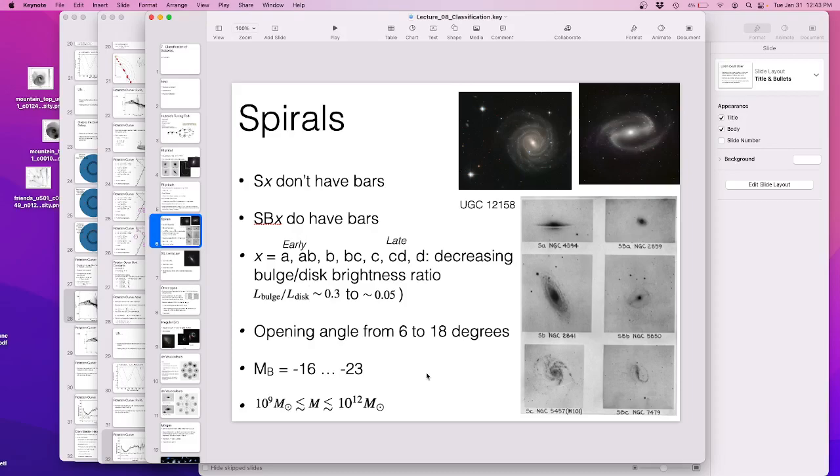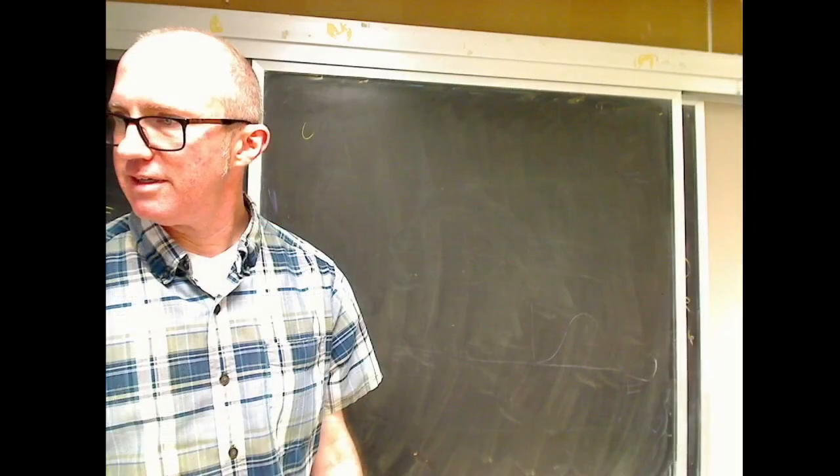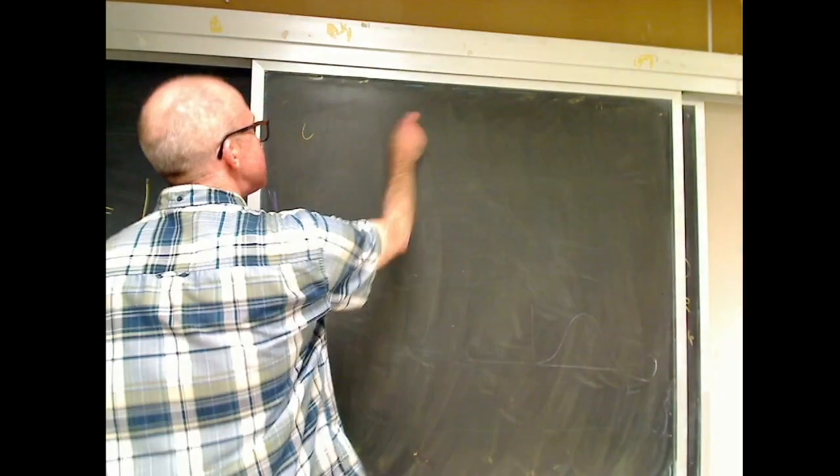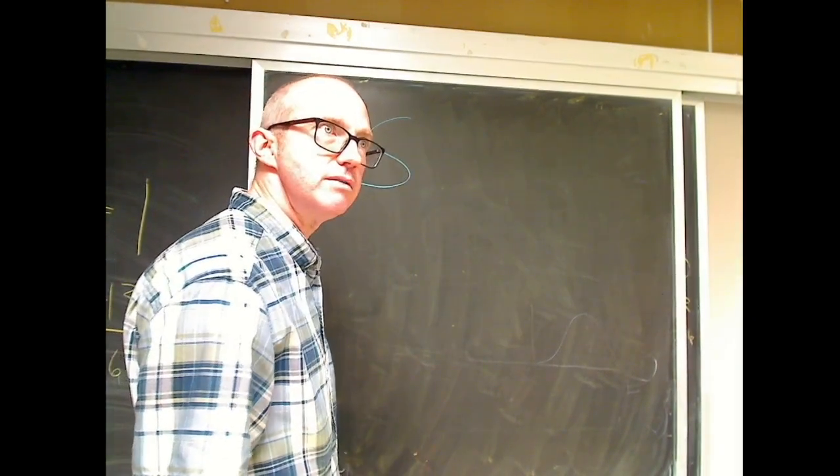And this nomenclature is just awful. But we'll talk about it anyway. So S is for spiral.